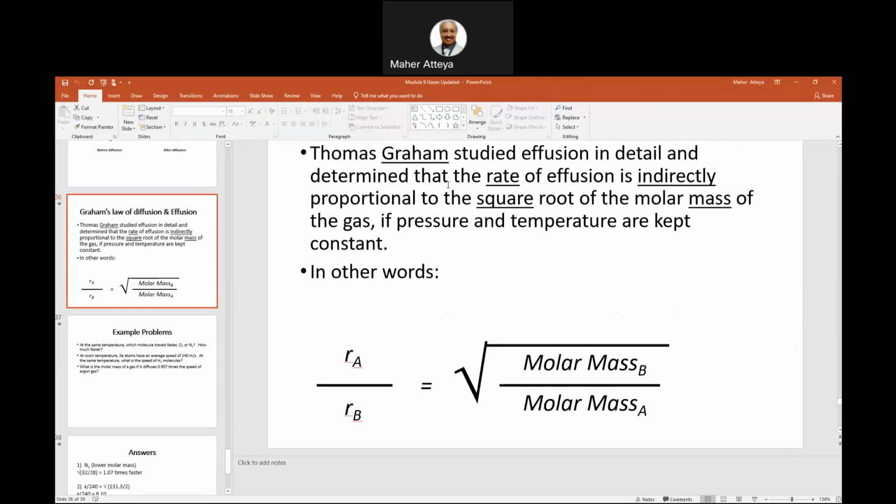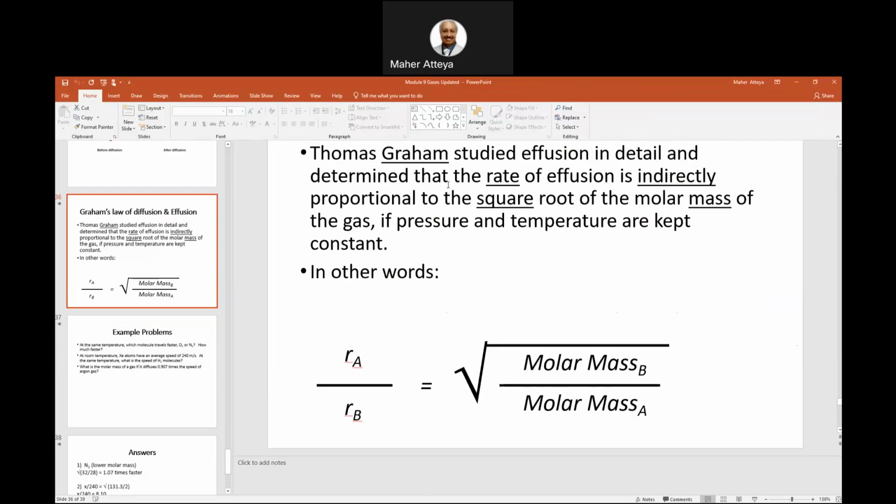Graham's law tells you that if you have a tire and you make a small tiny hole in this tire with the nail, then air will come in. Air is mostly 78% nitrogen and about 21% oxygen. Which one will go in, nitrogen or oxygen?